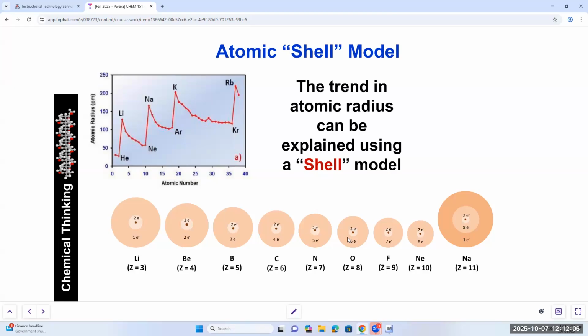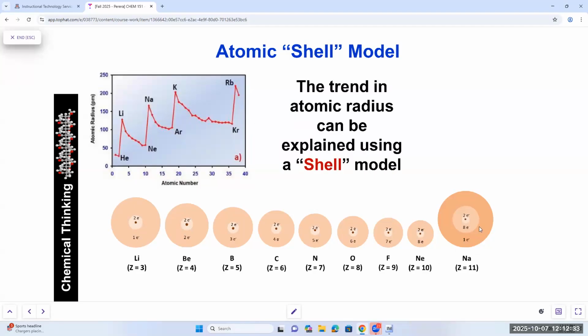As a result, electrons are getting closer to the nucleus in fluorine, meaning you have a small electron cloud in fluorine compared to oxygen. And that's why fluorine is smaller than oxygen. So that should be the thinking or the words that should go into explaining why fluorine is smaller than oxygen, or why carbon is smaller than boron, and so forth.